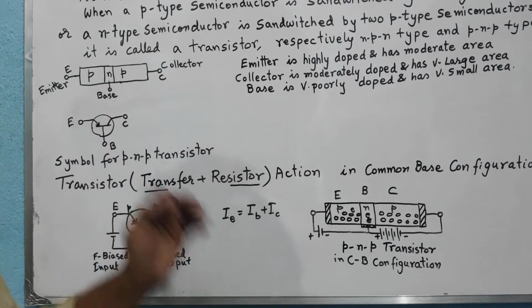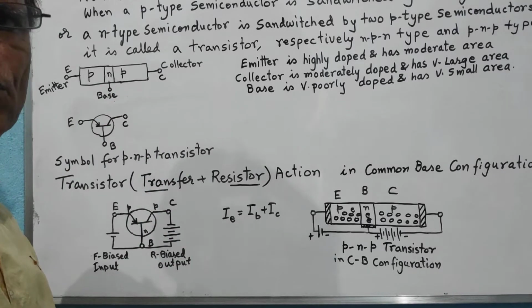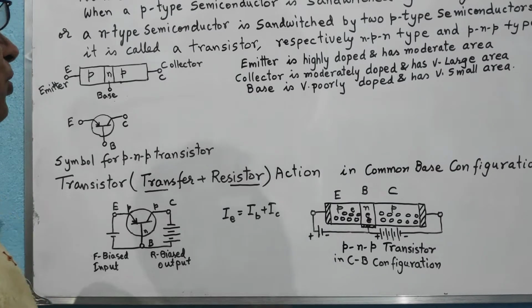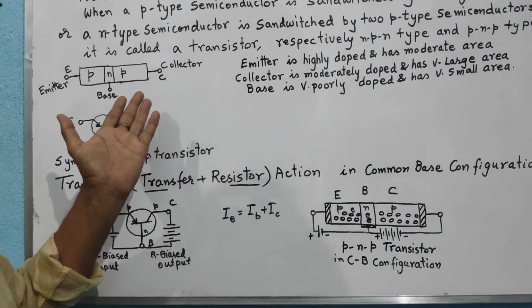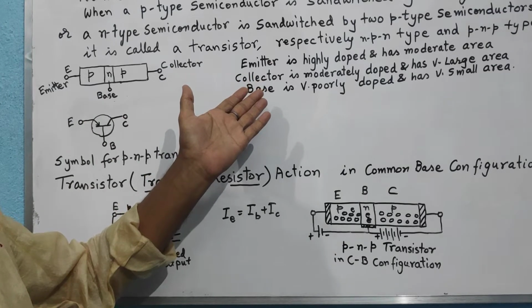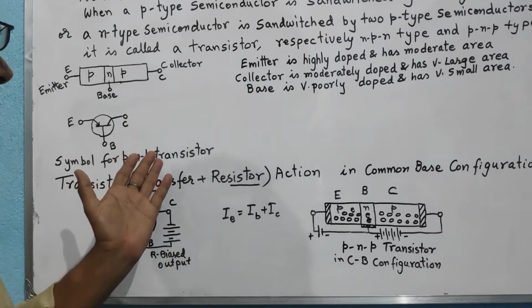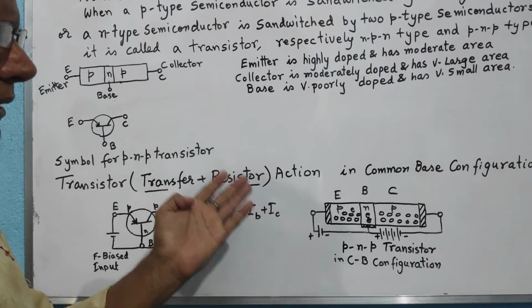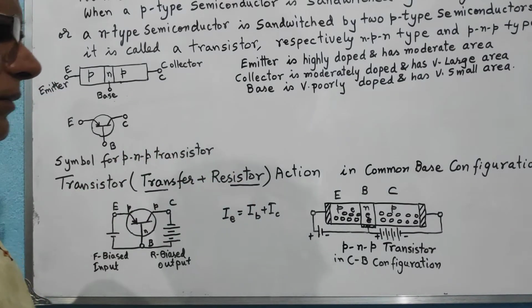And the collector region is doped moderately and its area is the largest among all three. Now we will understand how this approach helps to make the conductivity within our control and easy.